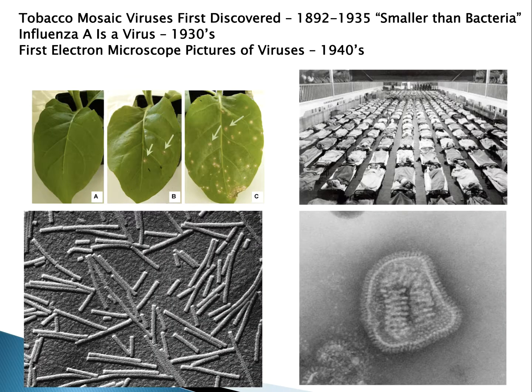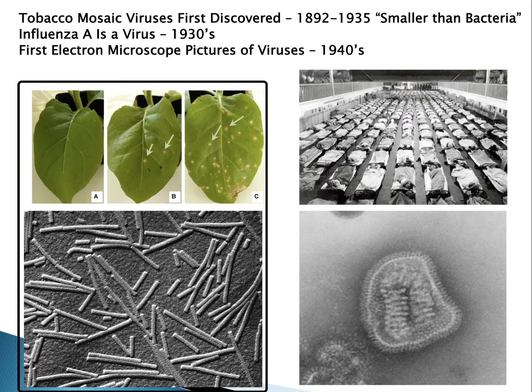Viruses were discovered around 1900 and after. And the first one to be discovered was tobacco mosaic virus, and all that was known was that they were smaller than bacteria. It wasn't known exactly what they were. And that wasn't discovered until much later in the 1930s and 1940s with the advent of the electron microscope, where you could actually see these little virus particles.